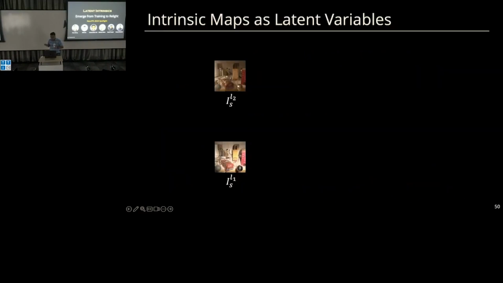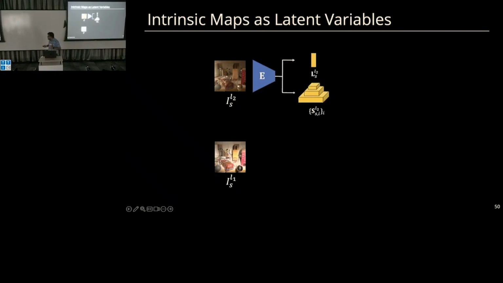We trained a very simple model. Here are two images, same scene, captured in different lighting conditions. This is from the same MIT dataset that I showed you, 1,000 scenes in 25 different lighting conditions. So at the top, we use the same scene in two different lighting conditions. We train a simple encoder that recovers a vector which we believe behaves like lighting.